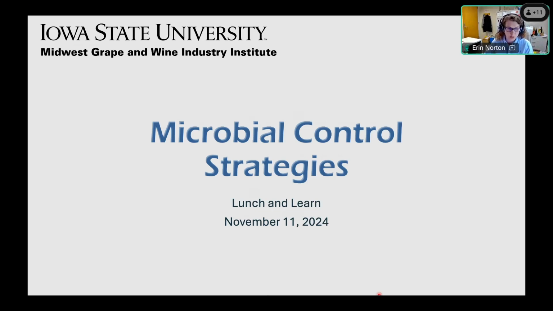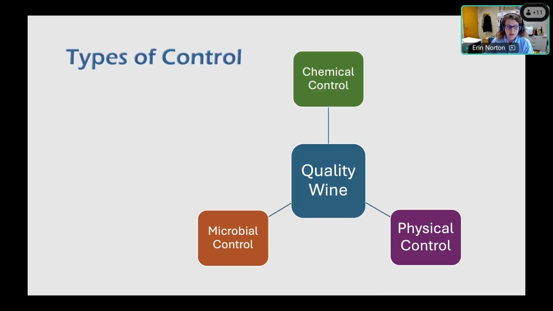So let's jump into it. There's different ways that we can control what microorganisms we have on our grapes, in our juice, in our wine. The three types of controls I will talk about today will lead us to quality wine. And what does that mean? That's kind of a subjective term.